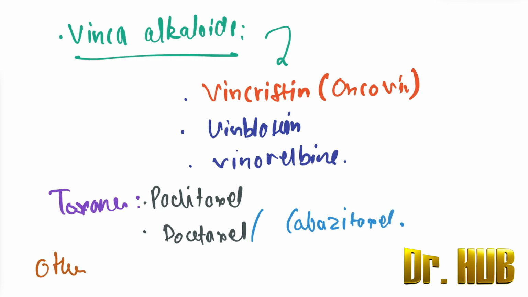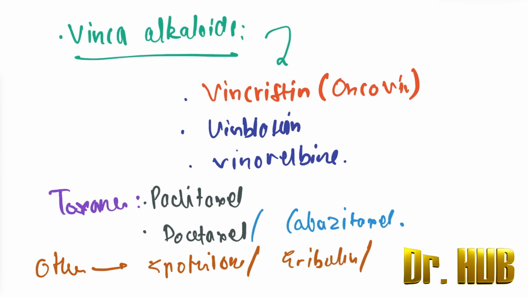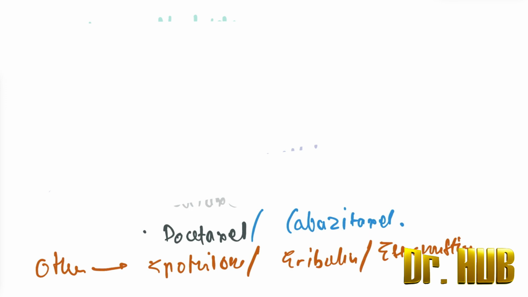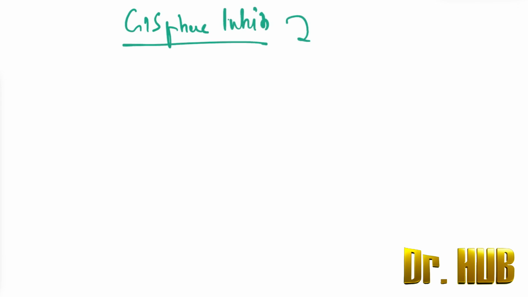What are the other drugs? There is the presence of the epothilones, eribulin as well as estramustine. Next we move on to the G1S phase inhibitors. Under the G1S phase inhibitors, this includes the epipodophyllotoxins.